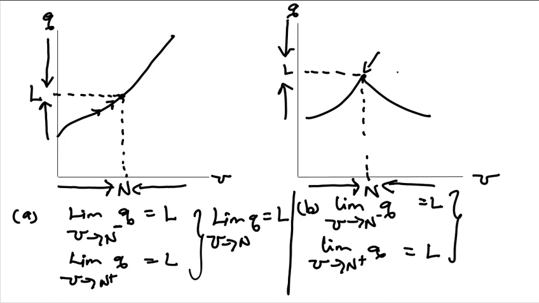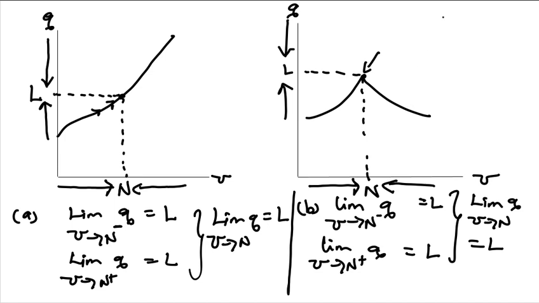Although we have a sharp turning point when v is equivalent to n, we can still find that the limit of q as v approaches n from both sides is L. The limit still exists because the graph here is continuous, but it's not smooth, it has a sharp turning point here. So that's the second example.